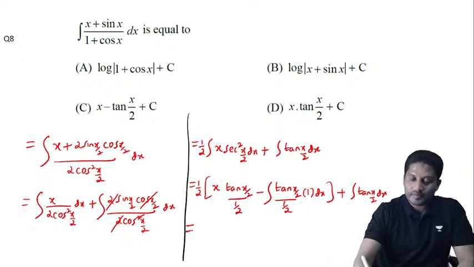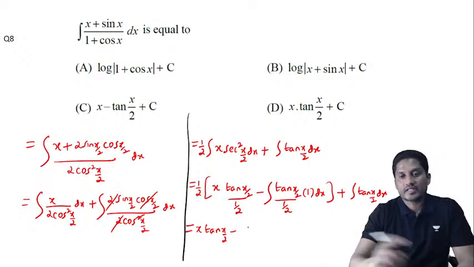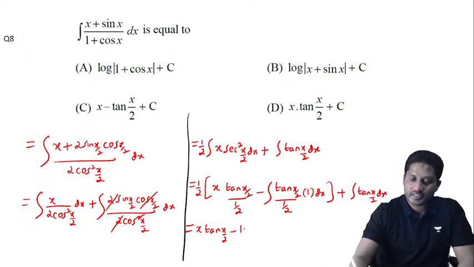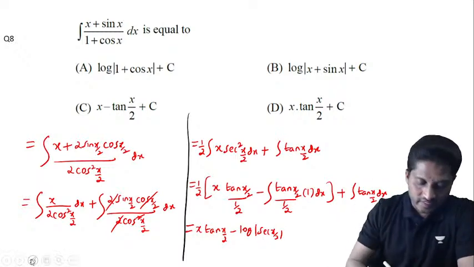Okay, now if I open the bracket, that half will cancel half. x into tan x by 2 minus, half cancels half. Integration of tan x is log sec x. This is log of sec of x by 2. Coefficient of x is half, it will get cancelled, guys.